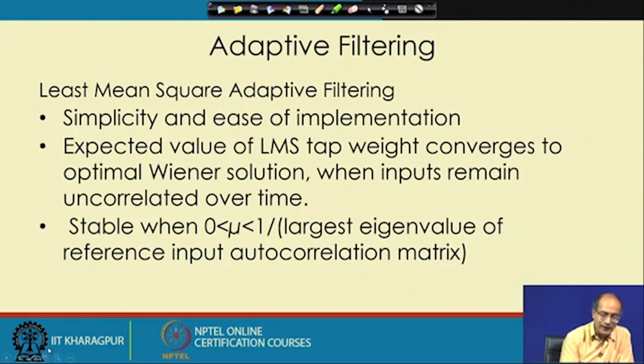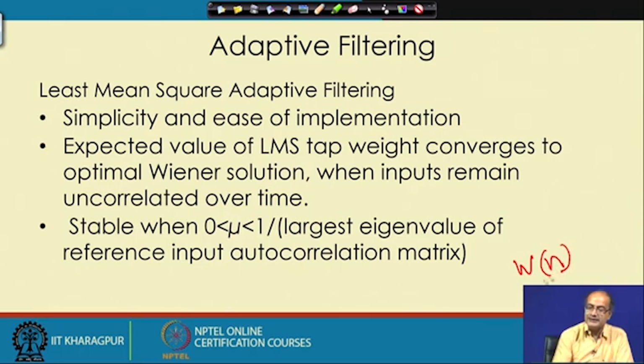Now, why are we so worried about the simplicity and ease of implementation? The reason is, in the adaptive filter we have proposed, we are going to update W n.